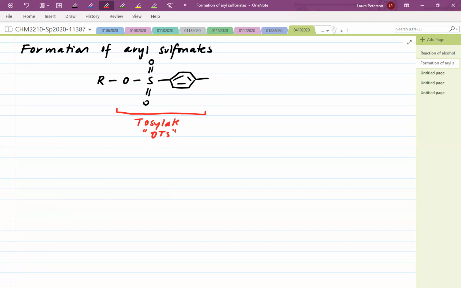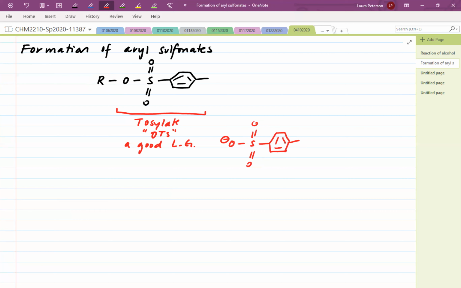So think about its structure as a leaving group. What would it look like? Imagine you were going to do some sort of substitution or elimination on the R group, and that whole oxygen-containing species is going to leave as a leaving group. It would leave as this oxygen anion.